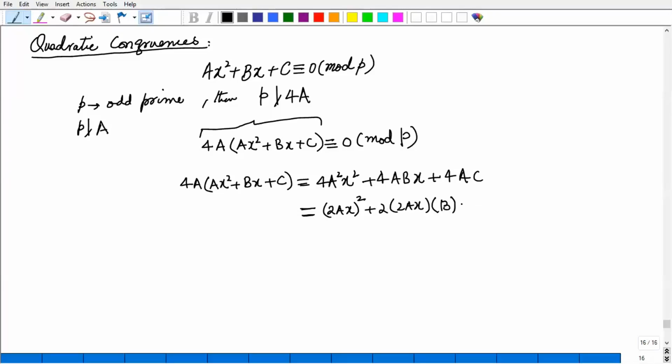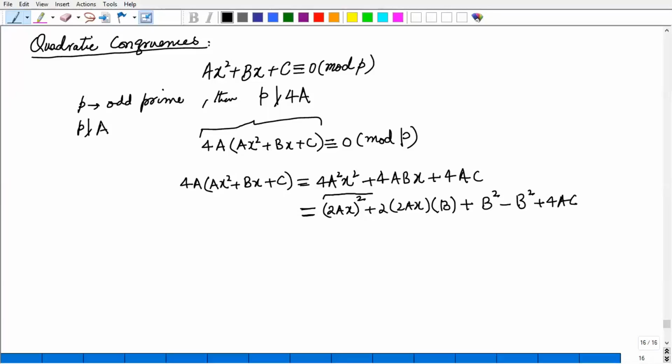The third term, b square, must be there, because we have to make a perfect square formula, but b square is not here, so we have to subtract b square as well, and then plus 4ac.